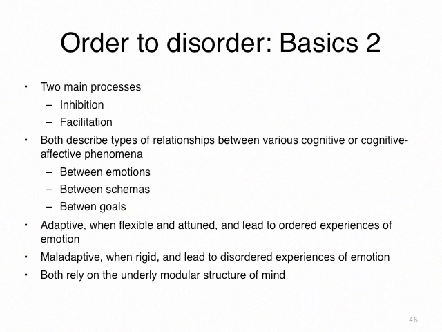They describe relationships between all manner of cognitive or cognitive affective phenomena, between emotions, where the new happy mood inhibits the old sad mood, or maybe a new fearful appraisal about one thing actually facilitates the fearful appraisal about a different thing that's also going on simultaneously, to result in an even more intense experience of fear.